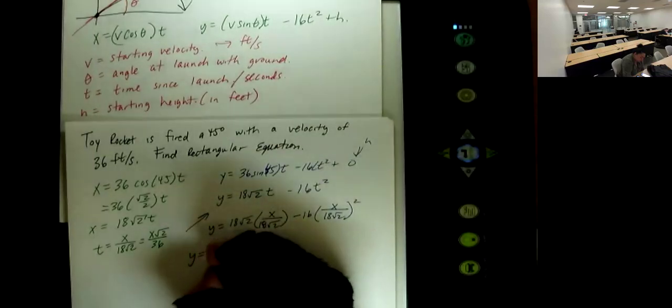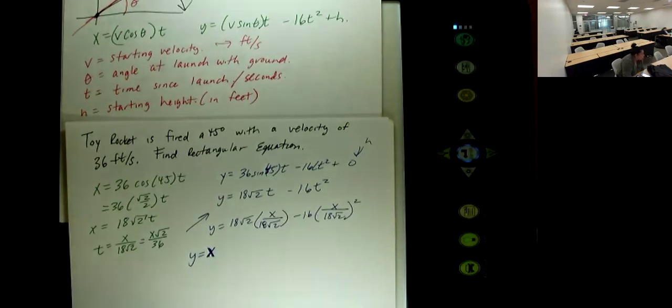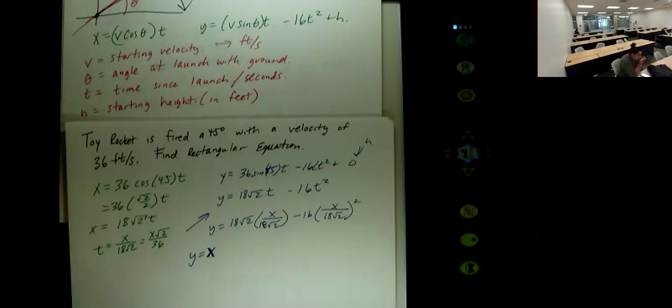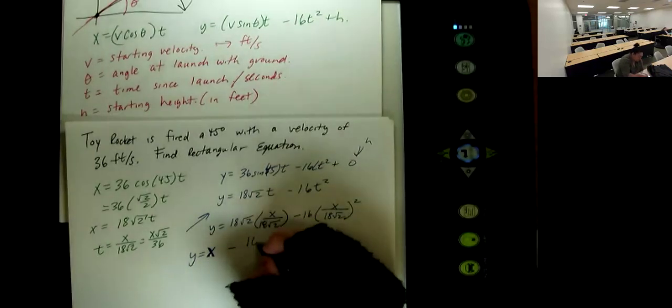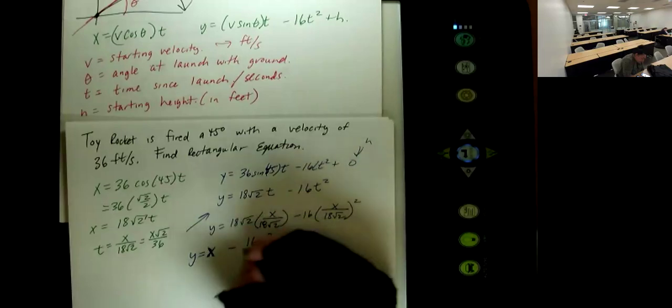The first part just cancels out, we get y equals x, that's pretty nice. That's only gonna happen at the 45-degree angle. And you get minus 16x squared.